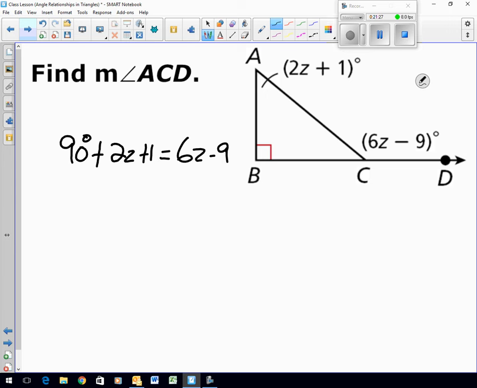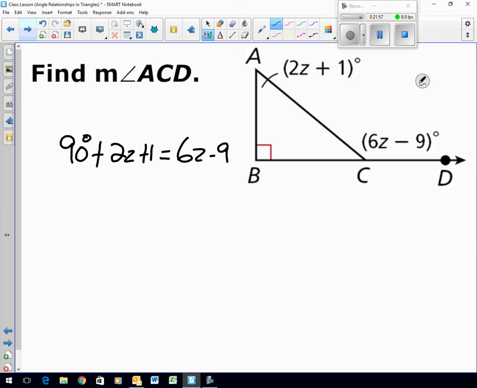It's the remote interior angle theorem. This is an exterior angle. You can see that, right? It's not inside the triangle. That is outside of the triangle. And because it's outside of the triangle, that angle measurement is equal to the sum of the remote interior angles.